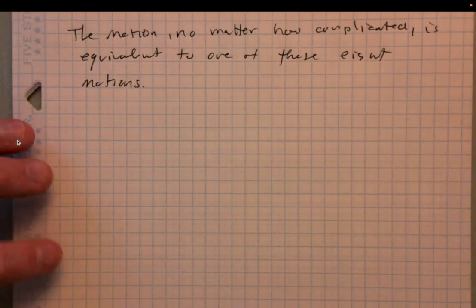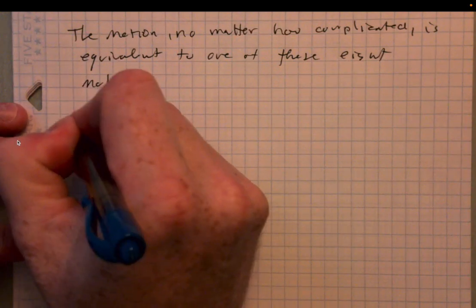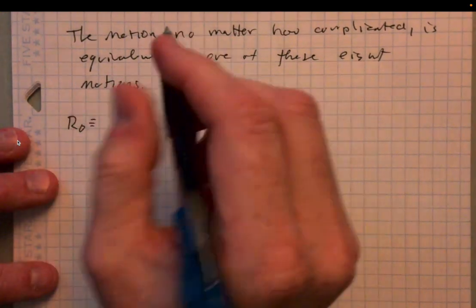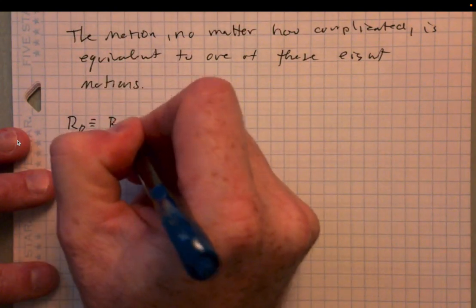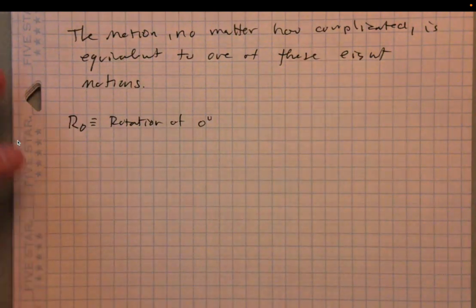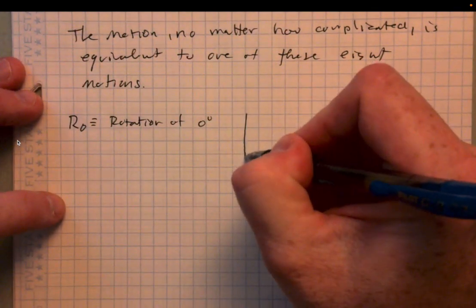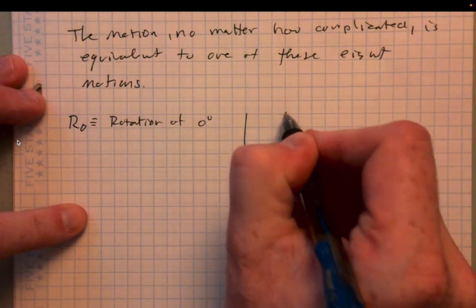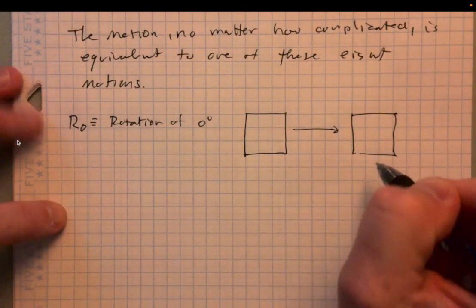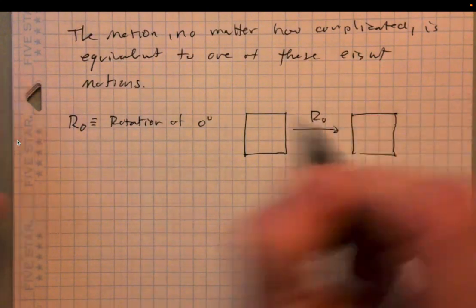The first one we're going to denote as R0, and this one is a rotation of 0 degrees. I'm going to strain to make everything very clear, which means I'm going to write down a lot of different examples.